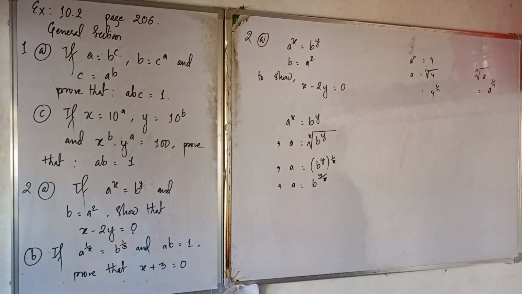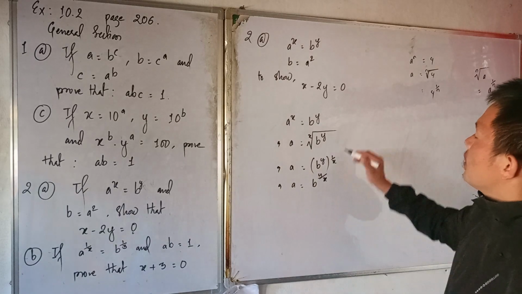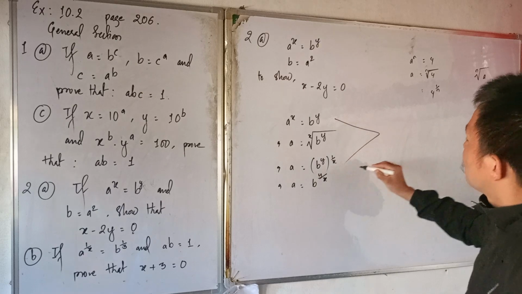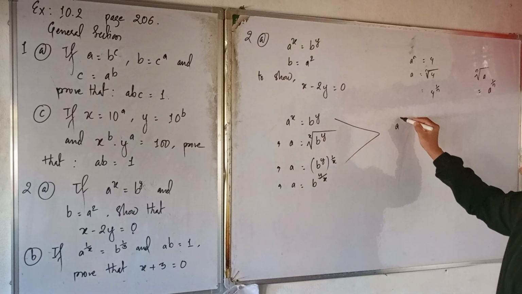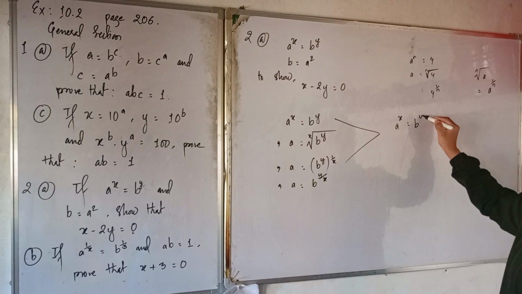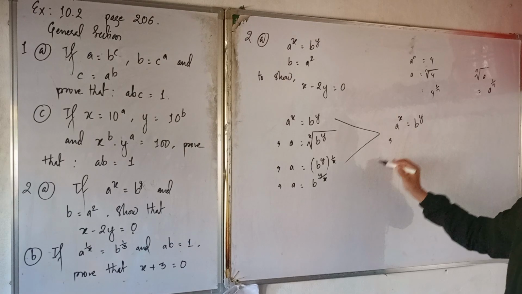In other words, you can also directly do it in this way. A power x is equal to b power y, to make it easy.